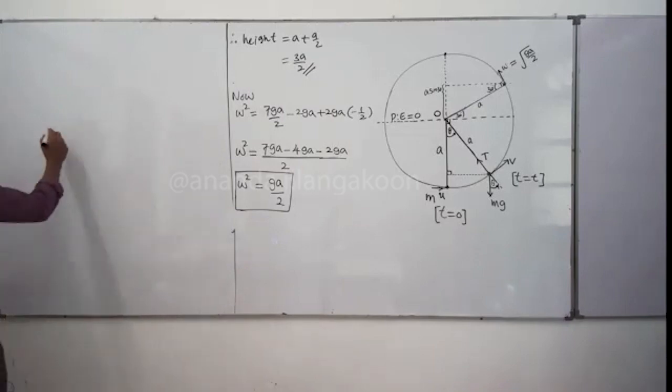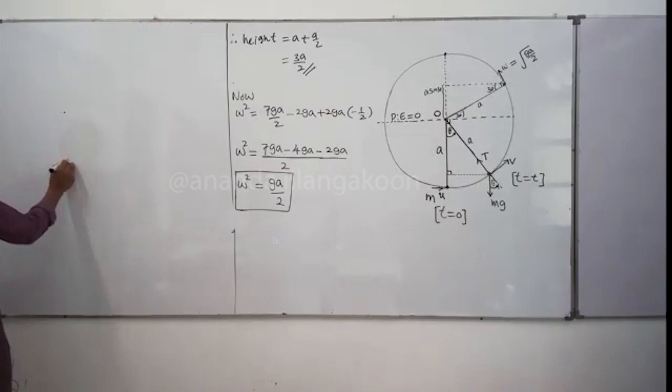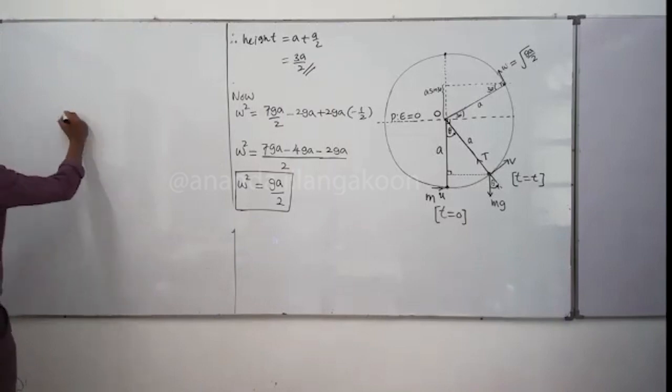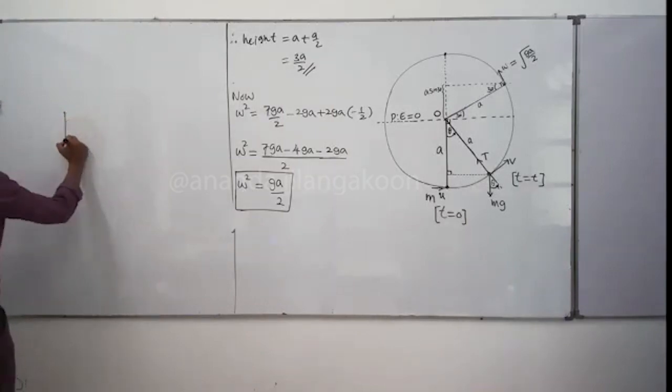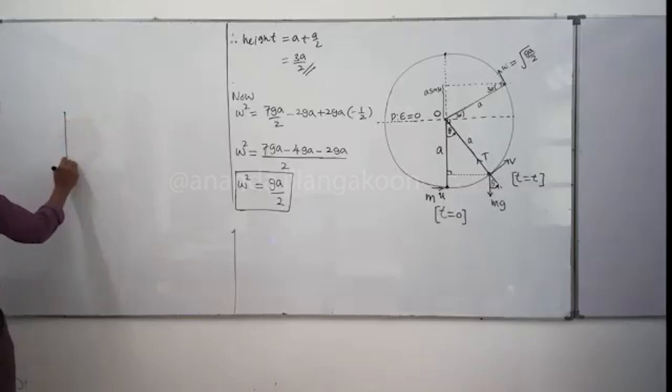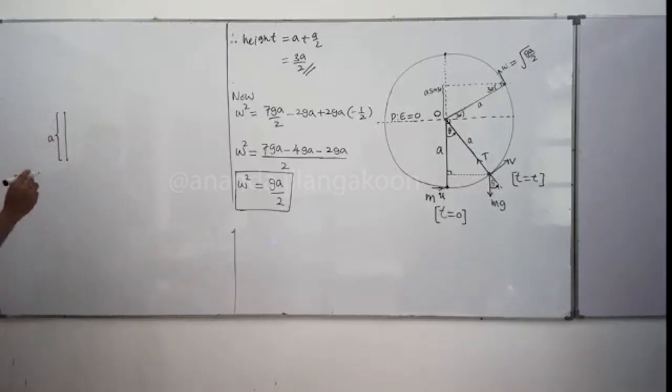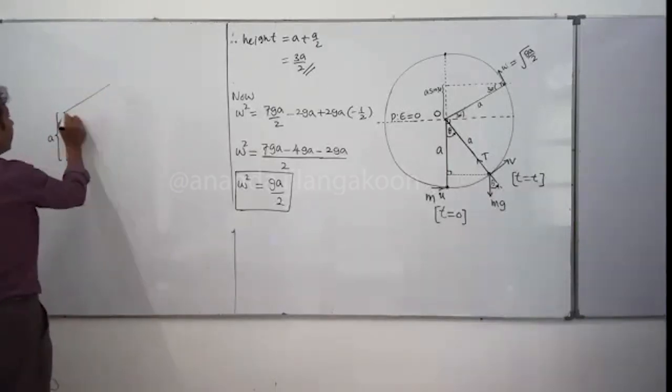Now here, the point O, here the lowest point. Its height is A. This is A. Now, this angle is 30.